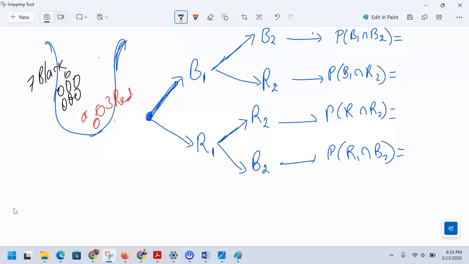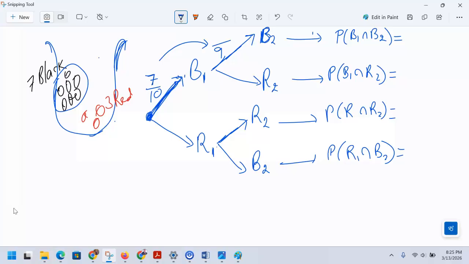To get each one of them, we ask what is the chance that the first one is black? You have 7 black here, so this will be 7 out of 10. But when you go to the second pick, you'll be out of 9 because one marble is gone, and you want the second to also be black.